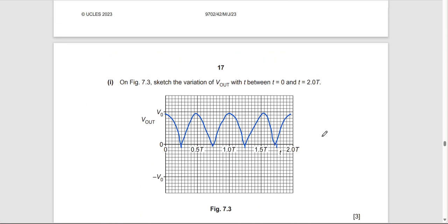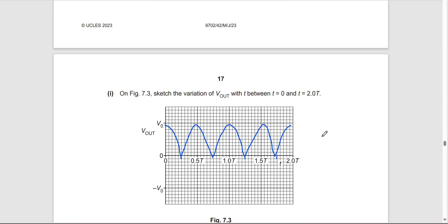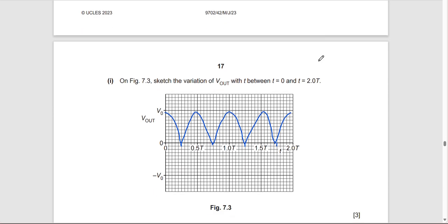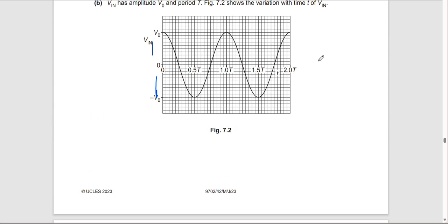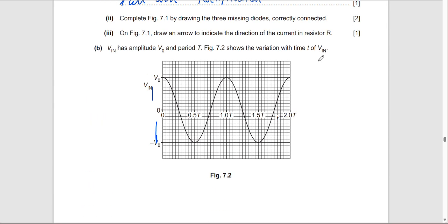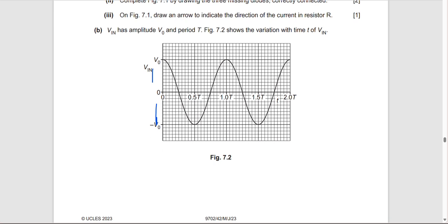Okay. Now here it's saying sketch on fig 7.3 the variation of V out with T between T equal to 0 and T equal to 2T. So what happens here is that since we've rectified the potential in, the EMF in, we no longer have negative half cycles.